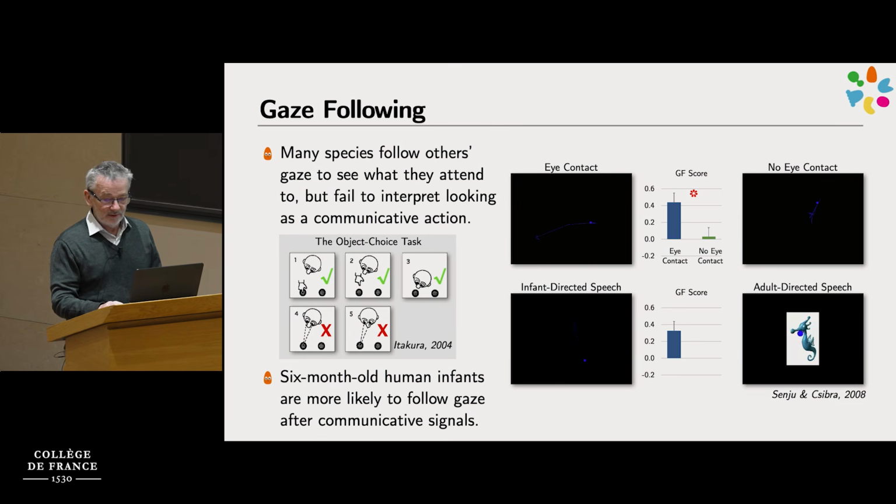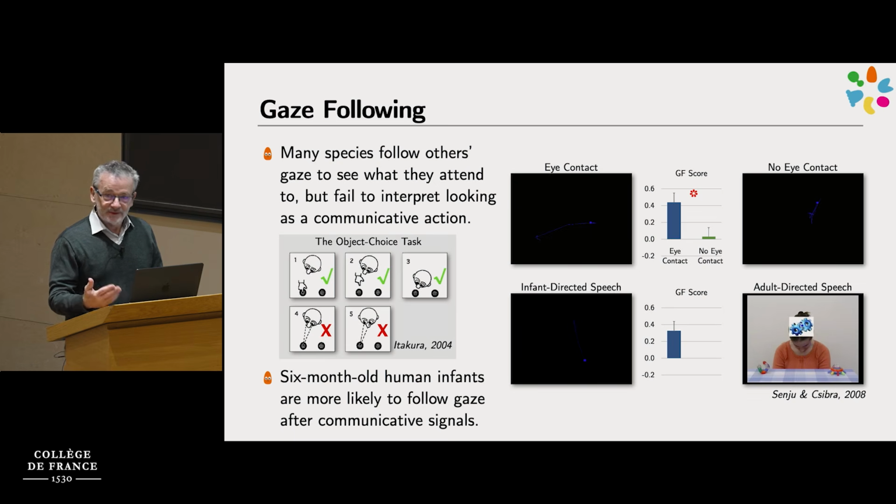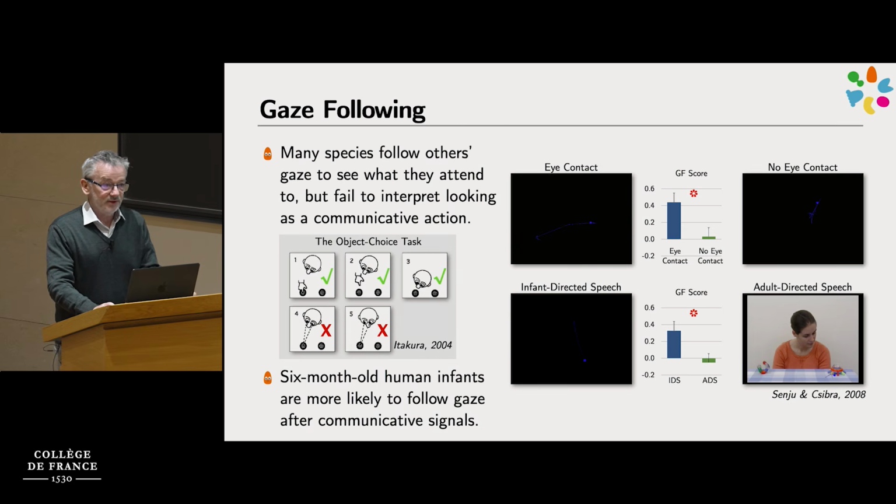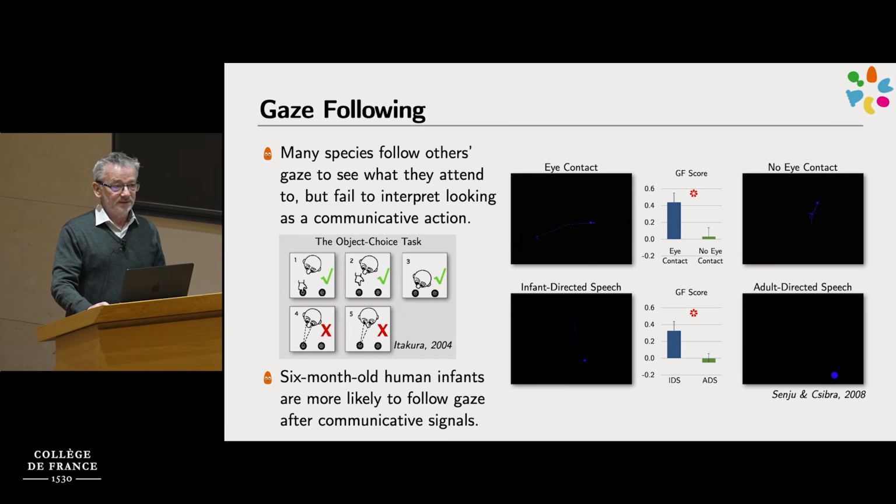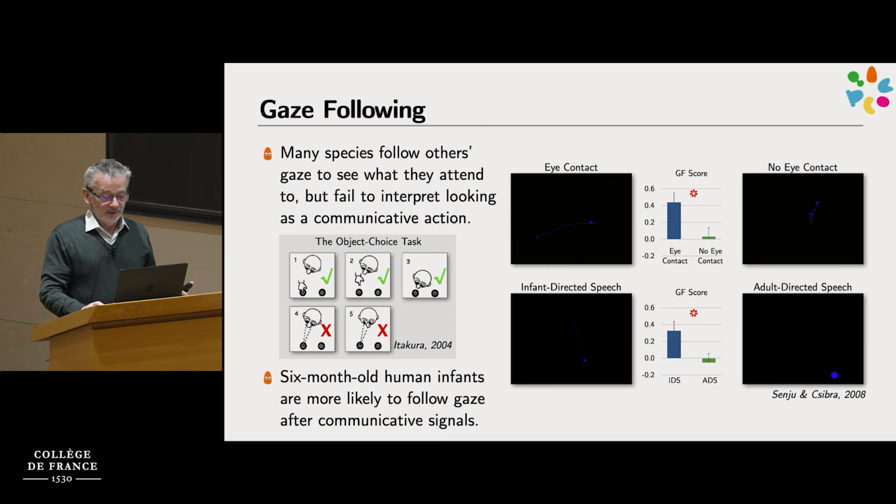If it is preceded by "hello," the same word with an adult-directed intonation, then they're less likely to follow the gaze. It suggests that they interpret these gaze cues as potential communicative cues. What are they communicating? They are communicating about a potential reference in the environment.